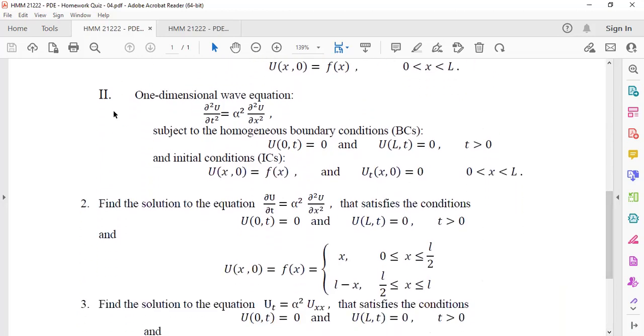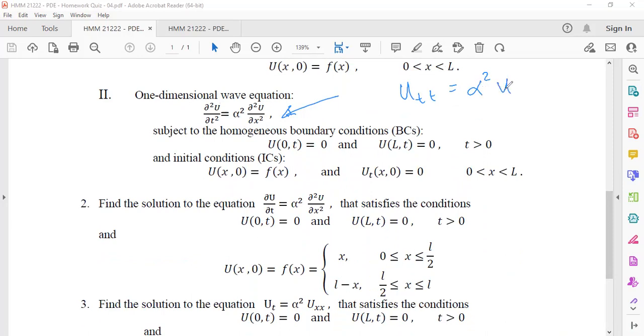Today, did you find the answer for the wave equation? I gave it to you as homework in the last lecture. This is our one-dimensional wave equation, you remember? It will be like u_tt. Sometimes they will give it in this form, or otherwise they may give alpha squared or c squared. It's not a problem.